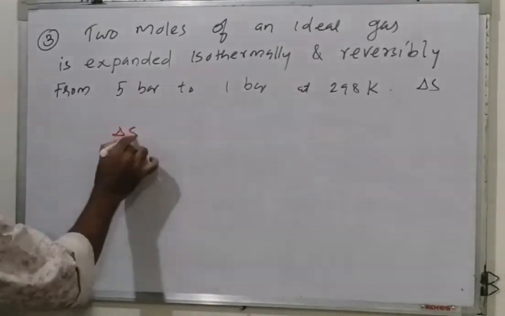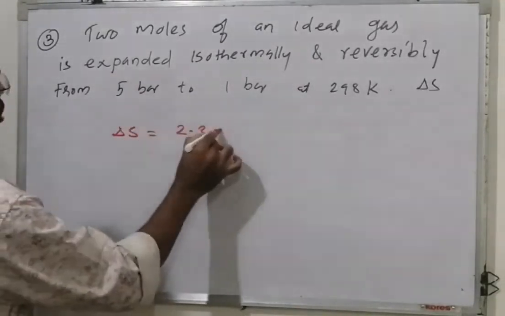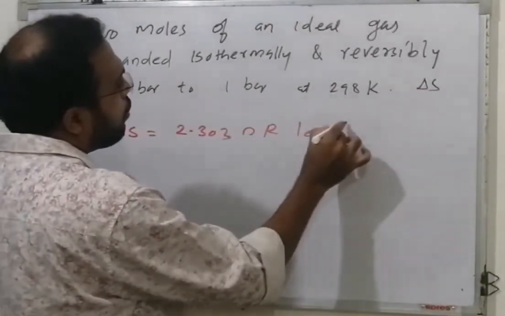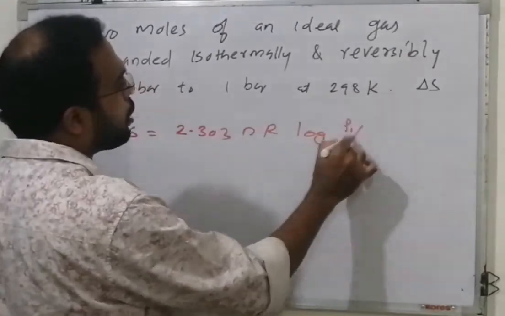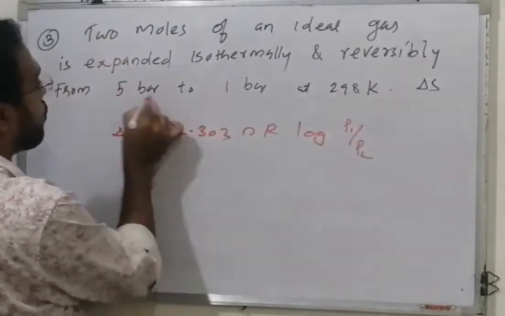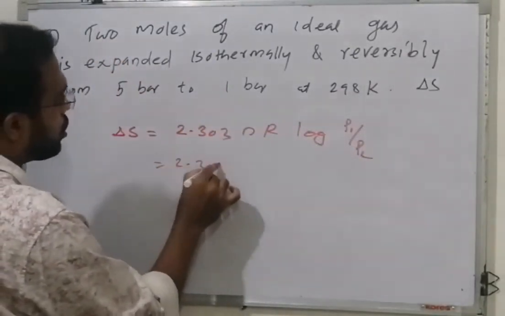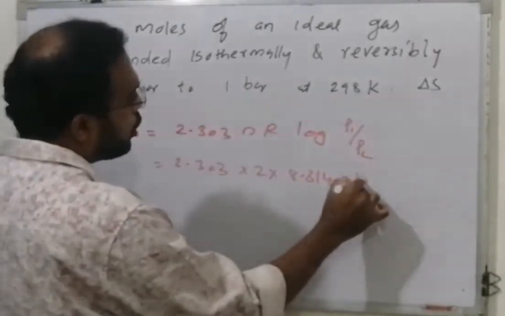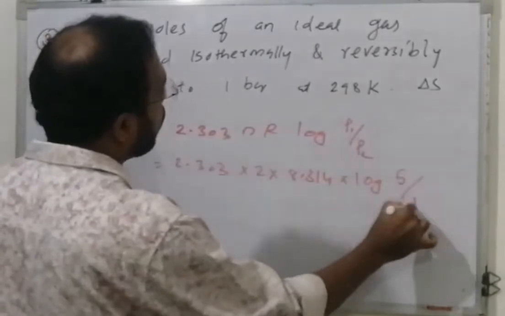Delta S, isothermal, is 2.303 nR log V2 by V1, that is P1 by P2. Well, same question. That is 2.303 into 2 into 8.314 into log 5 by 1.